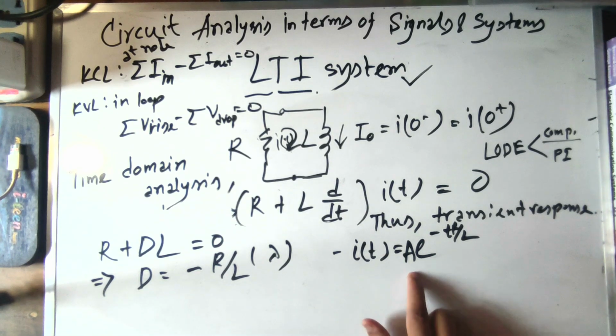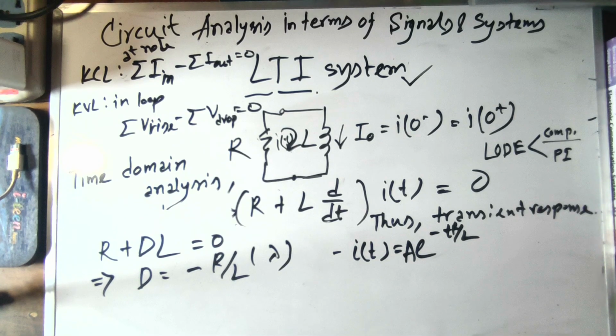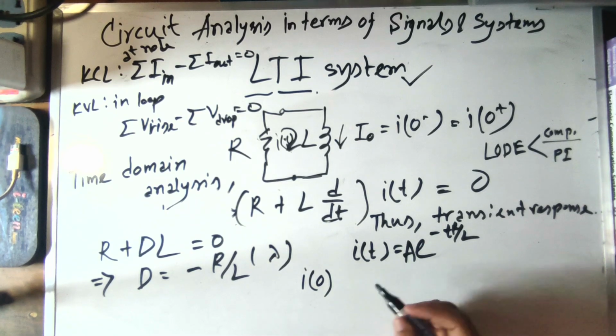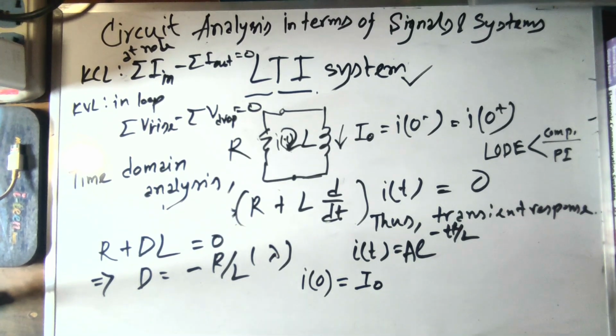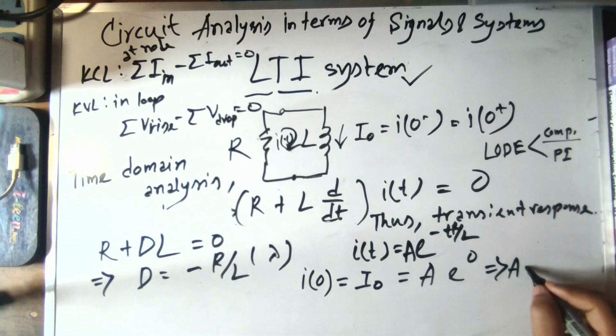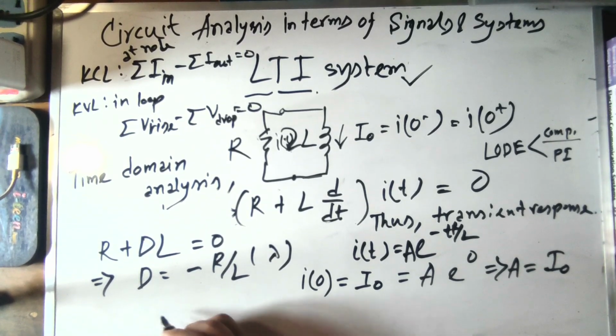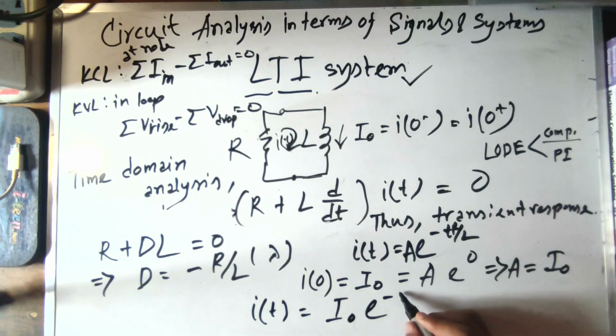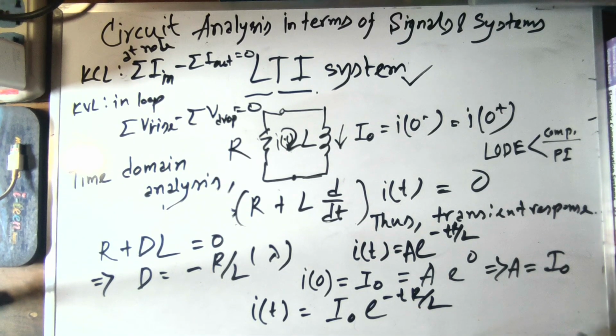So we just have to find the constant A. We know that I0, at t equals 0, is the initial current, and e to the power 0 is 1, which gives A equals I0. Thus the response is i(t) equals I0 e to the power minus t R by L. This is the response or analysis of the source free RL circuit, which is also an LTI system, and we got the time domain analysis.